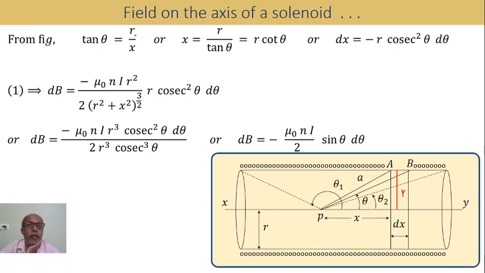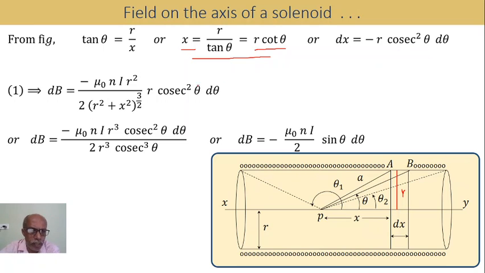Therefore, tan theta equals r by x, or x equals r by tan theta, or x becomes equal to r cot theta. Differentiating this expression, we get dx is equal to minus r cosecant square theta into d theta.